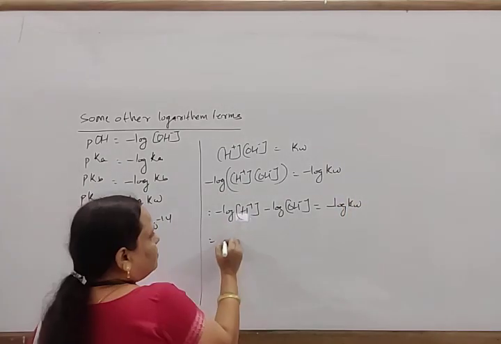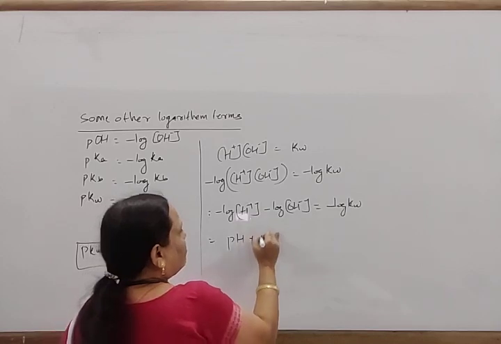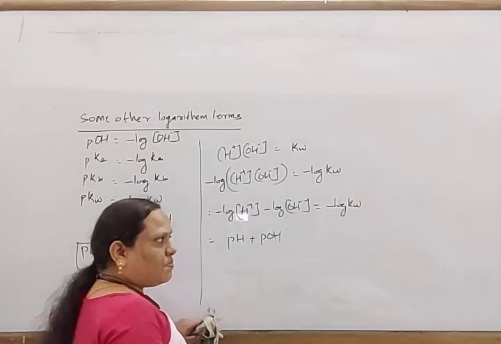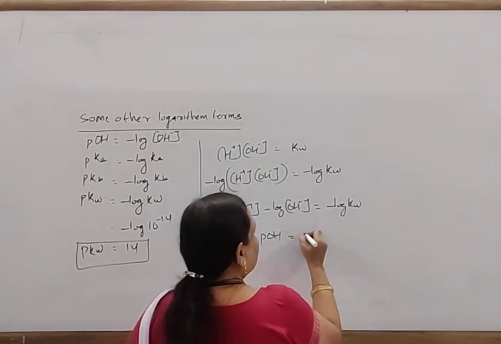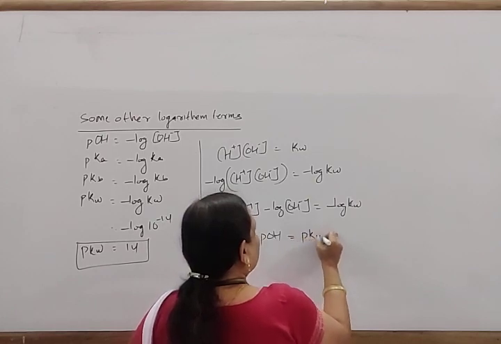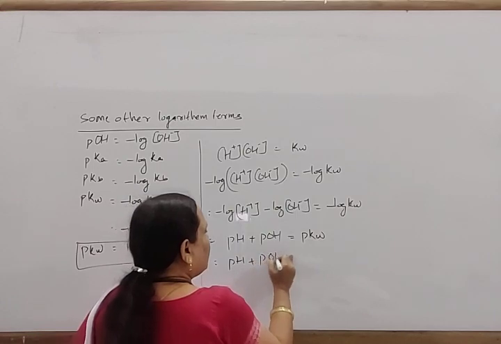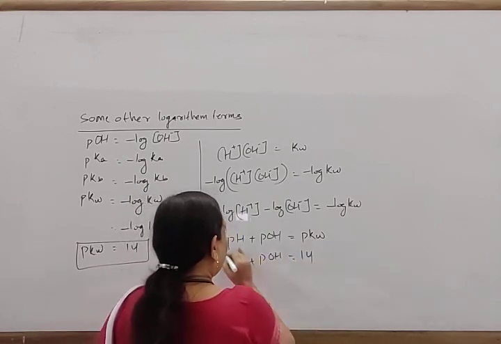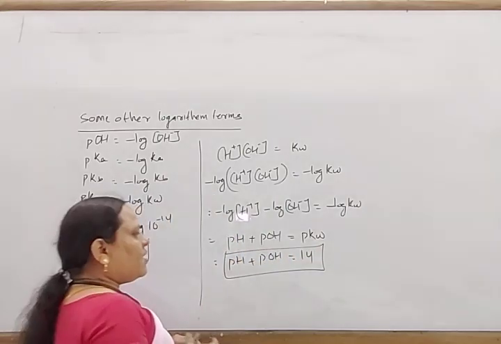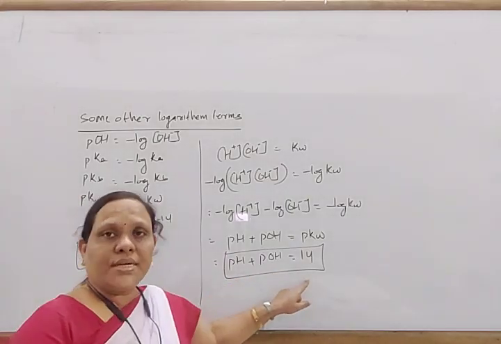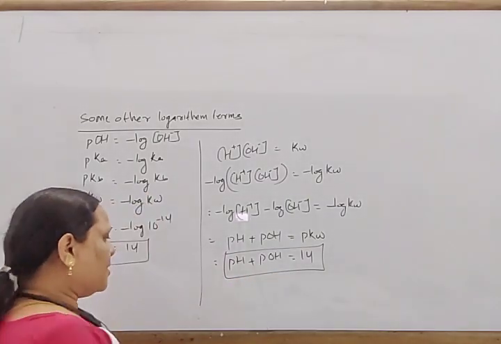So this value is pH, plus this value is pOH, and this is equal to pKw. So pH plus pOH is equal to 14. Remember, the value of pH plus pOH is always equal to 14.